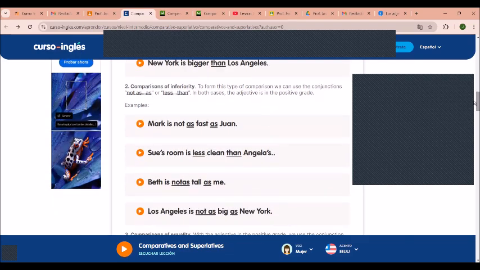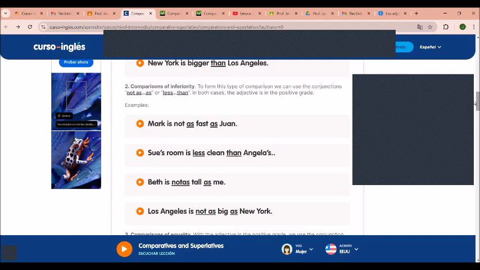To form comparisons of inferiority, we can use the conjunctions not as or less than, in both cases with the adjective in the positive grade.